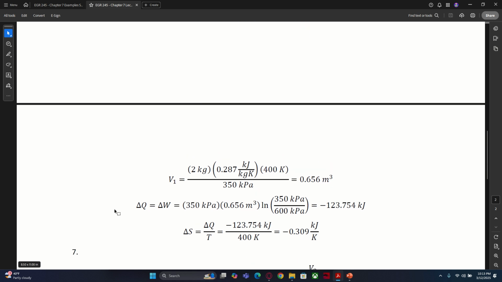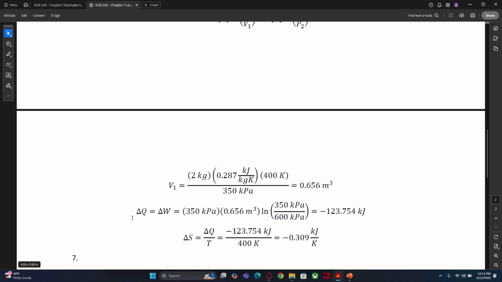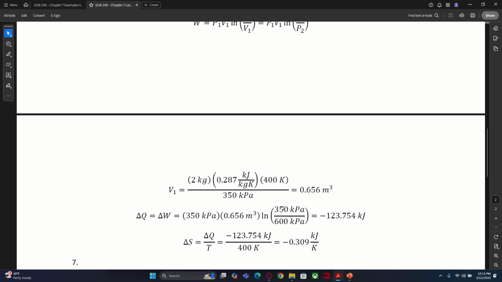Because, again, we're working with an isothermal process, the heat transfer equals the work, which would be 350 kilopascals, the initial pressure, times 0.656 cubic meters, the initial volume, times the natural log of P1 over P2, 350 kilopascals over 600 kilopascals. And that got us to negative 123.754 kilojoules of heat transfer.